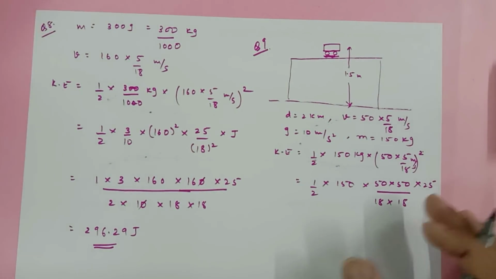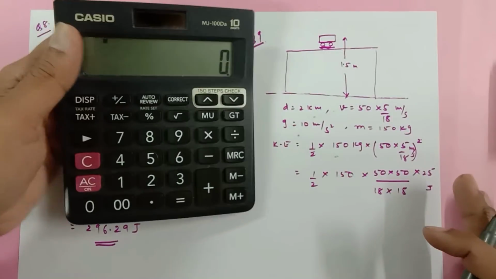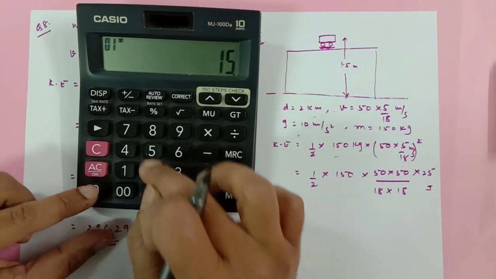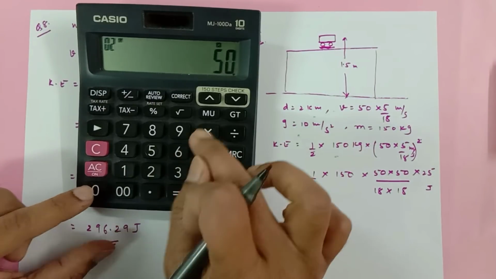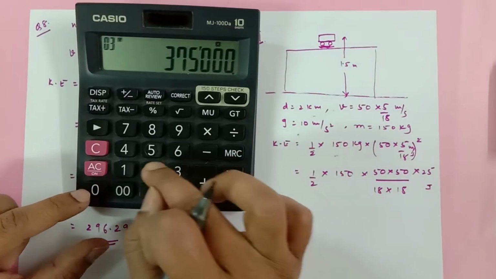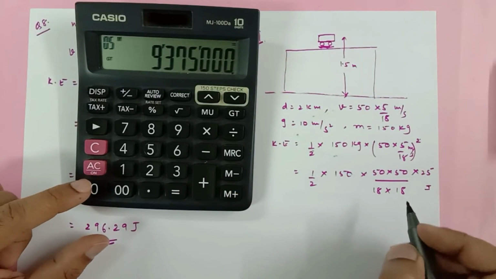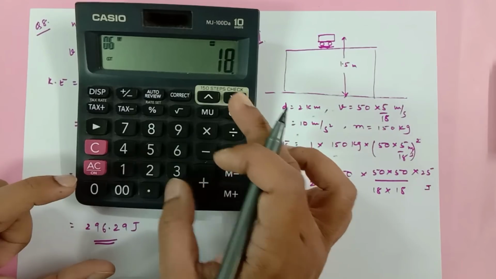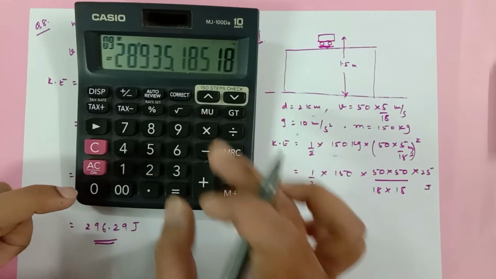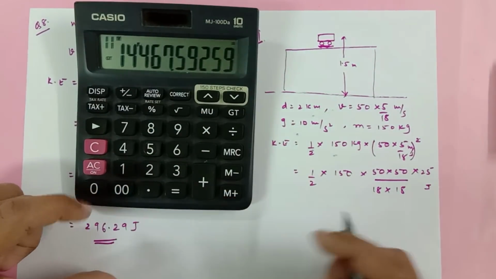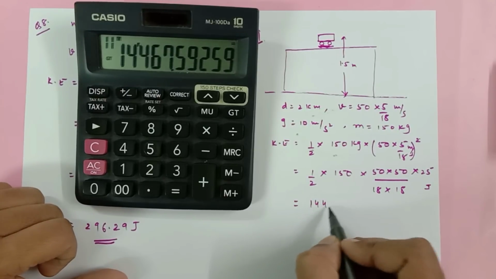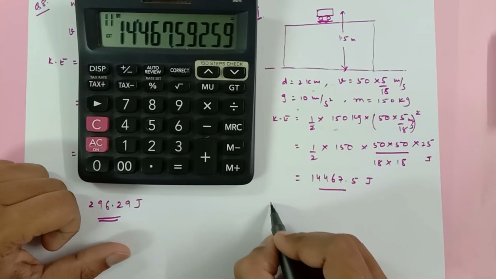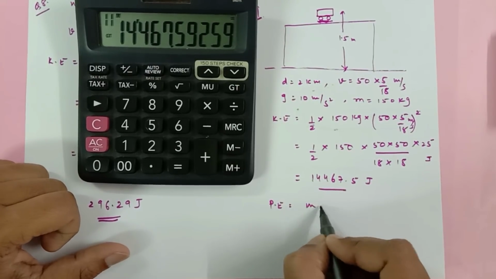Now if I use the calculator, 150 multiplied by 50 multiplied by 50 multiplied by 25, divided by 18, again divided by 18, again divided by 2 is 14467.5 joule. This is kinetic energy, and potential energy is equal to mgh.